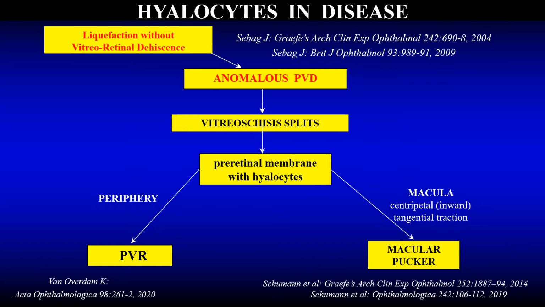In the periphery, vitreoschisis, leaving hyalocytes attached to the retina, can be an important step in the pathophysiology of proliferative vitreo-retinopathy, as emphasized to us by Van Overdam. I look forward to the presentation by Ricardo Schumann later in this symposium, who will describe the proliferative vitreo-retinopathies that result from anomalous PVD with vitreoschisis and the role of hyalocytes in these diseases.